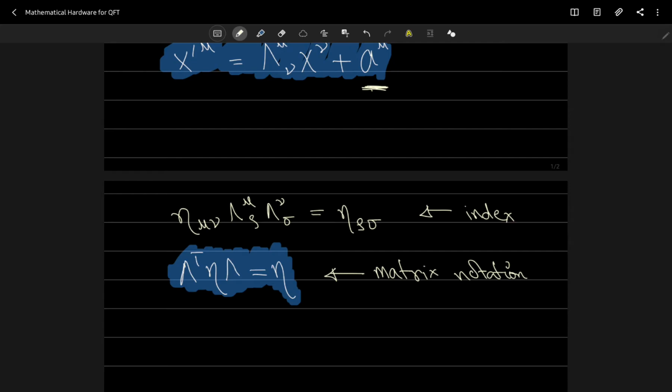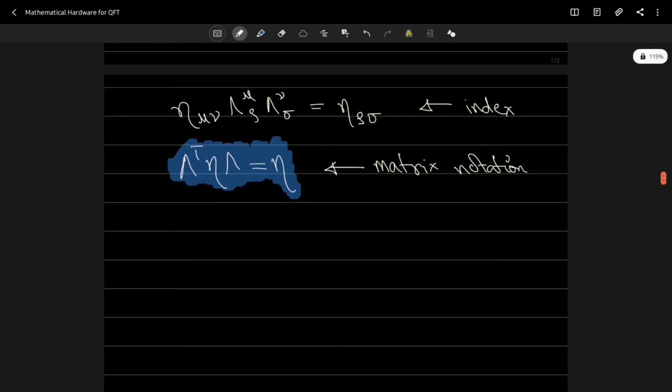Now, these transformations, lambda and A, are the elements of the Poincare group. So they belong to the Poincare group that is P4.